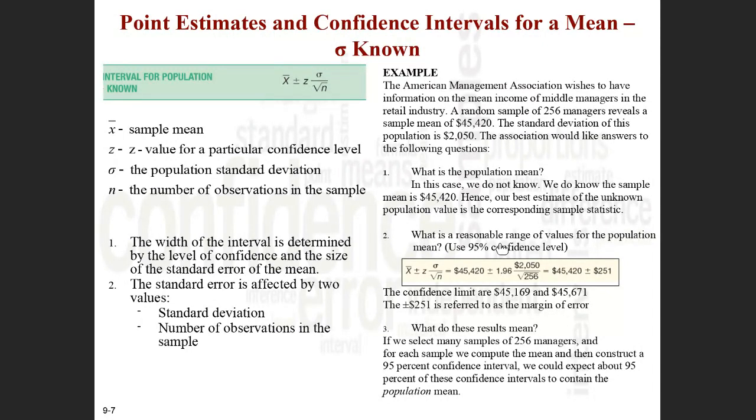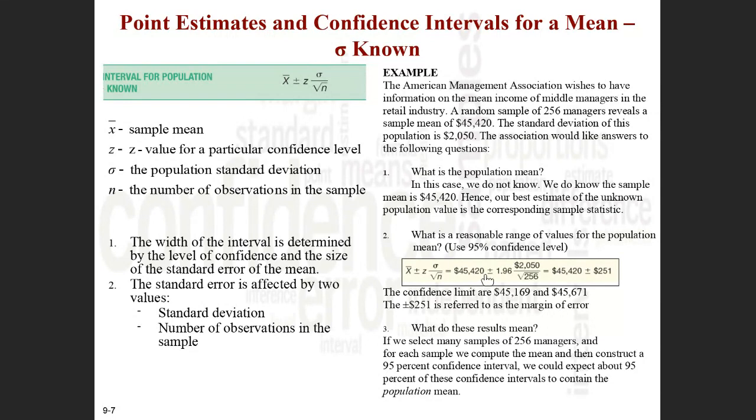What is a reasonable range of values for the population mean? Use, and this will always be in the questions, use 95% confidence level. Here's the formula. So this is determining the confidence level: 45,420 plus or minus 1.96, okay, multiplied by 2,050, the standard deviation, divided by the square root of 256, that's your n, okay?